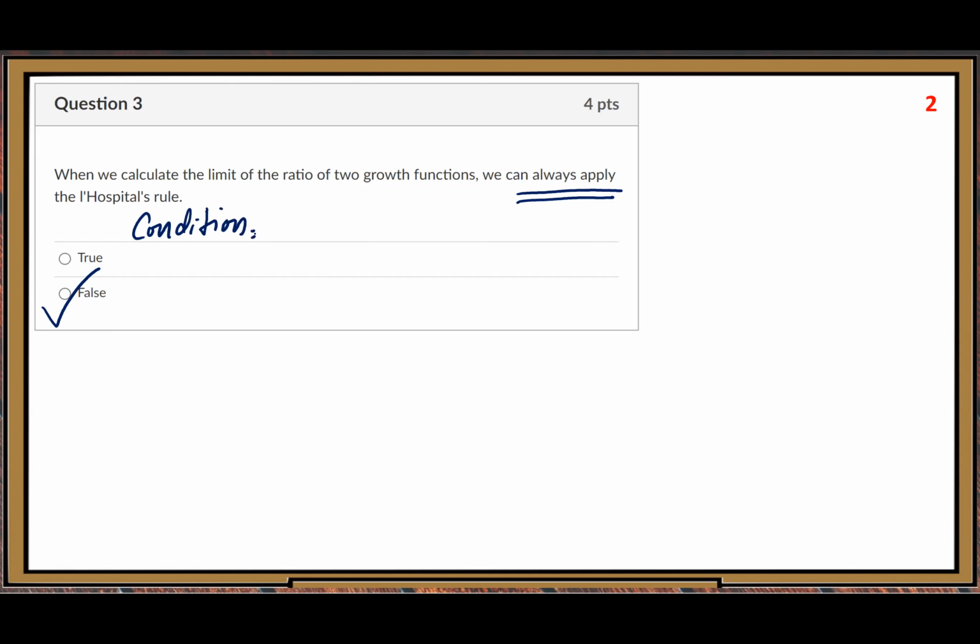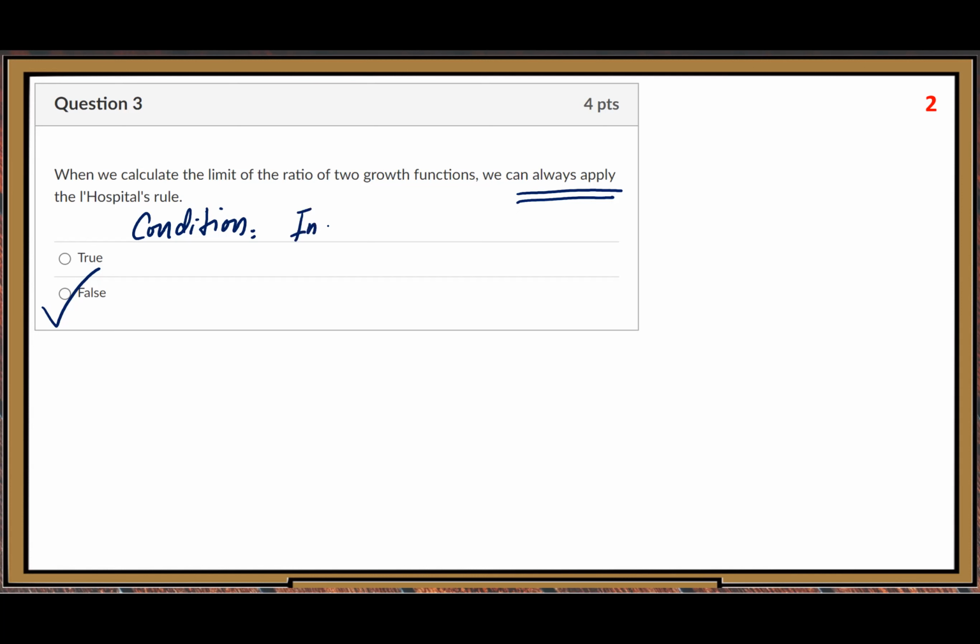We take the derivative of the numerator and denominator, and the limit of the ratio of the two derivatives should equal the limit of the ratio of the original functions. But that condition is important.